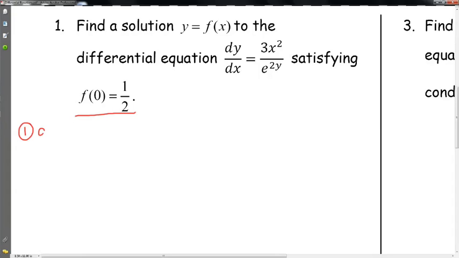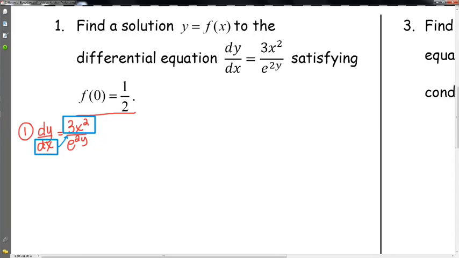We have dy over dx is equal to 3x squared over e to the 2y. I want my x's to be together, so I'm going to multiply my 3x squared and my dx. Essentially, I'm multiplying through by dx.